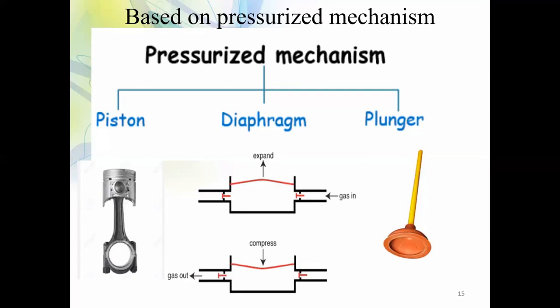Here, it has the diaphragm. The diaphragm can expand as well as compress. Based on this difference, the pressure is generated. So the pressurized mechanism is generated. And in case of plunger, this one is also the same principle as piston. By reciprocating movement of the plungers, the pressure is created.